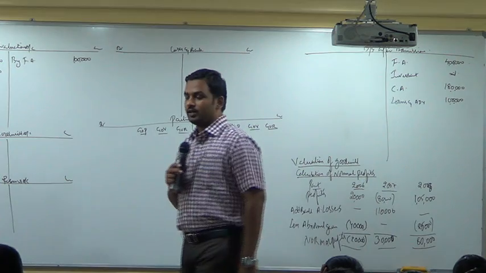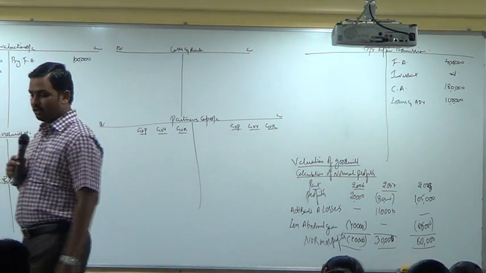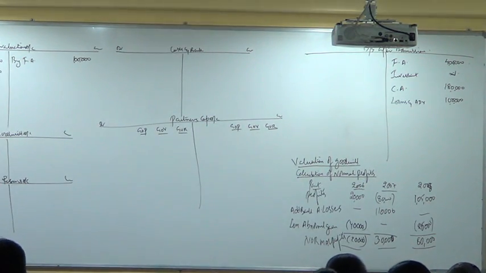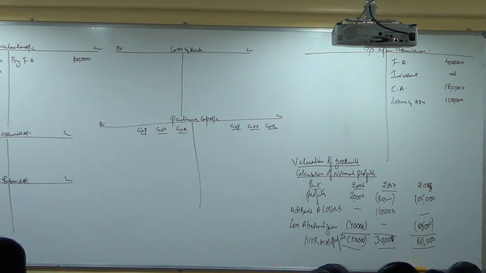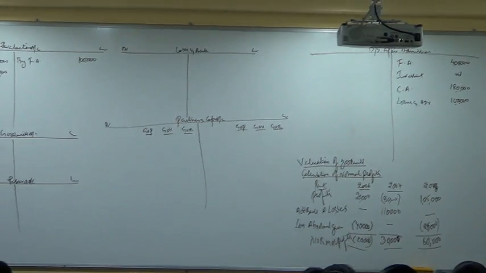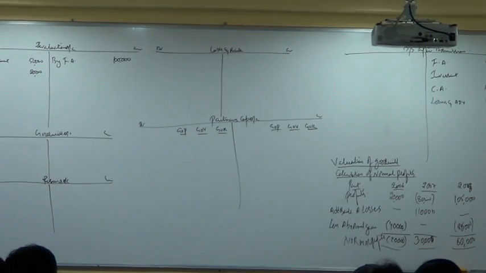Please quickly write down. Sacrificing ratio of Gopal and Govind. Gopal, old ratio 60 by 100 minus new ratio 35 by 100. It is 25 by 100.